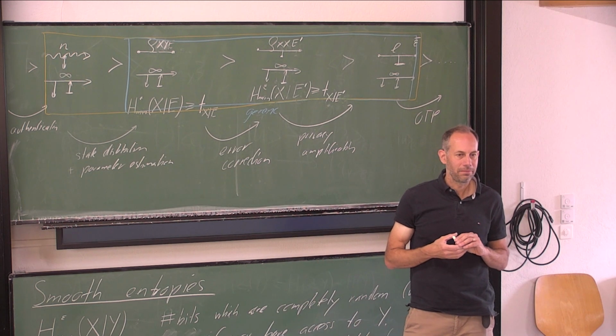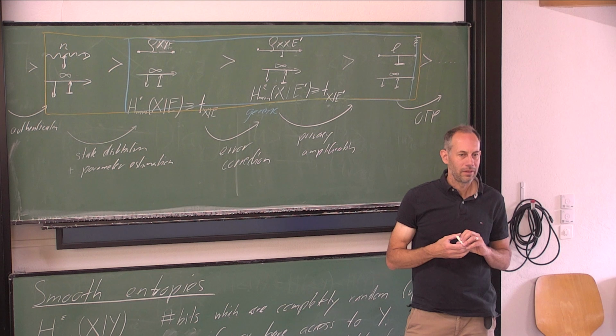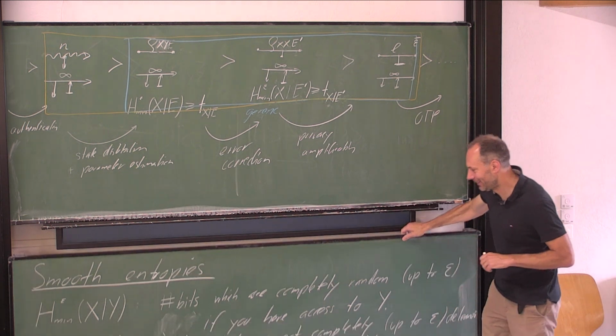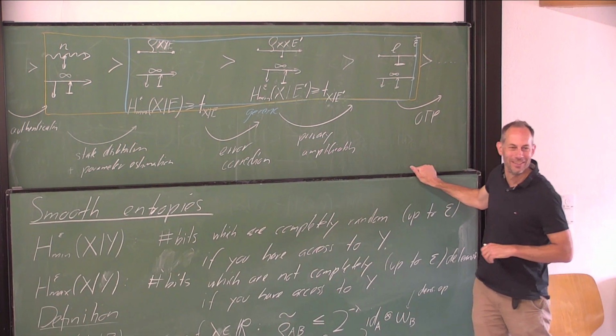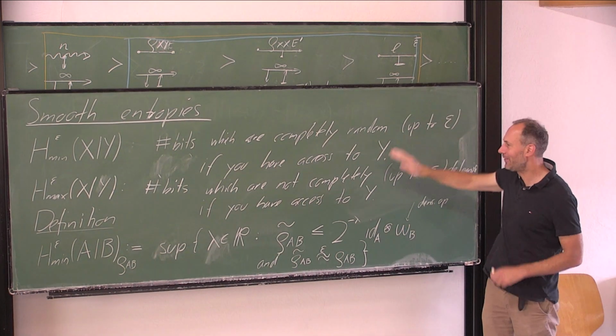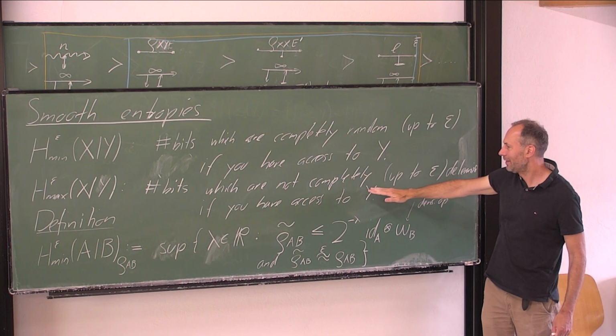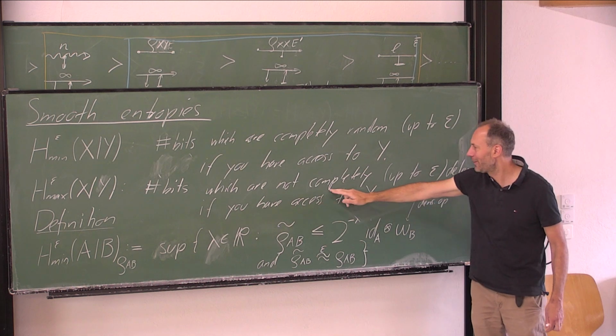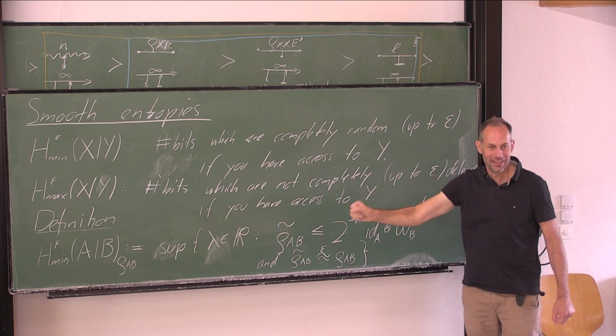Yes? H of x given y? H and what precisely? Max or min? Min, I would guess. If you look at this, then yes, she wants everything to be determined. So these are the number of bits which she still needs to learn.